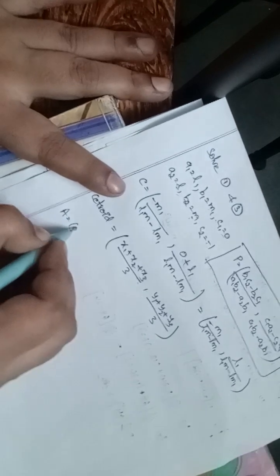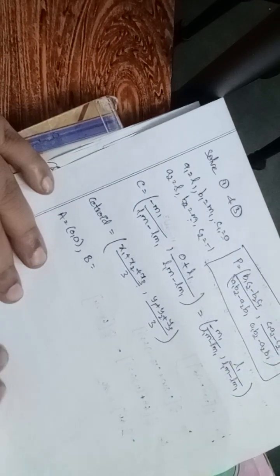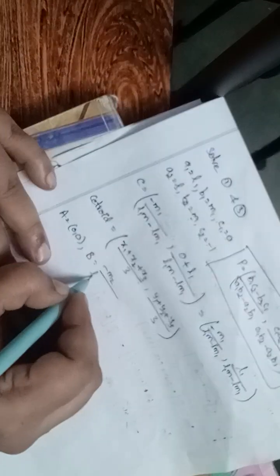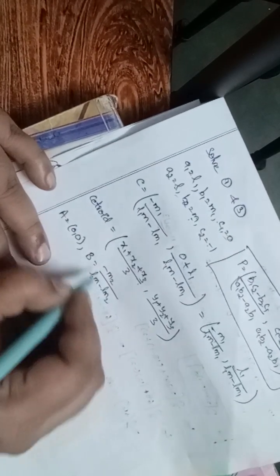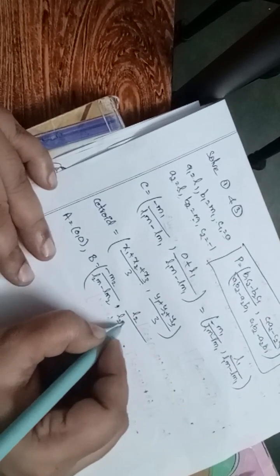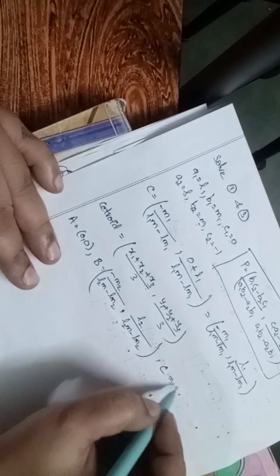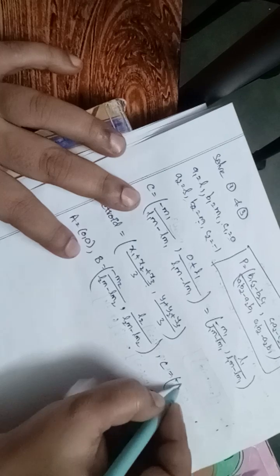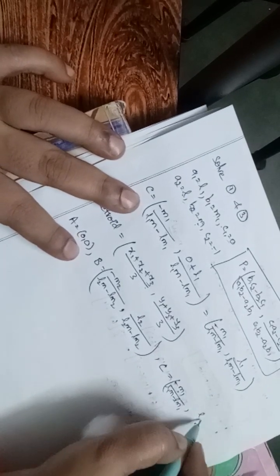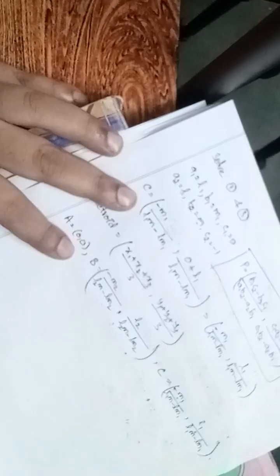First, A equals 0 comma 0, B equals what we got before, minus m2 by L2m minus LM2, comma L2 by L2m minus LM2. Next, C equals minus m1 by L1m minus LM1, comma L1 by L1m minus LM1.